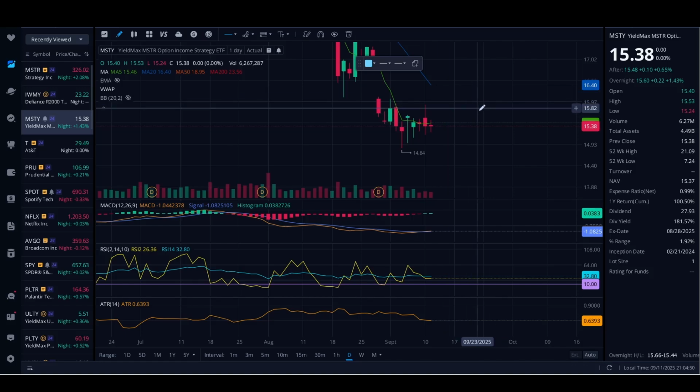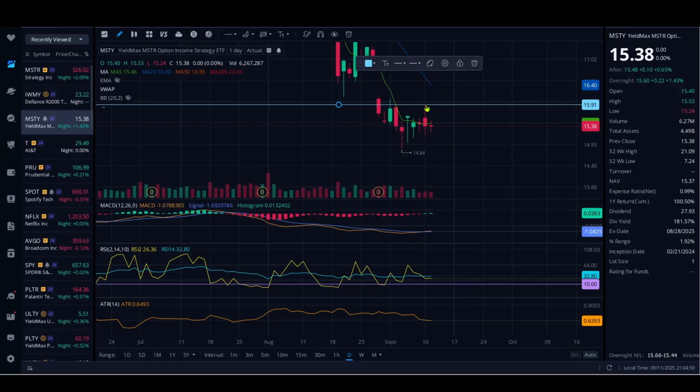And for this case, if we were to draw a little resistance line and say we put one in right at the top of this wick right here, and then say we put one in about right there, right? We're looking at this and we see this line right here as a resistance line. And we're showing this line here as a support line.